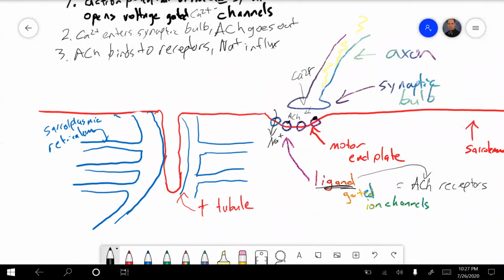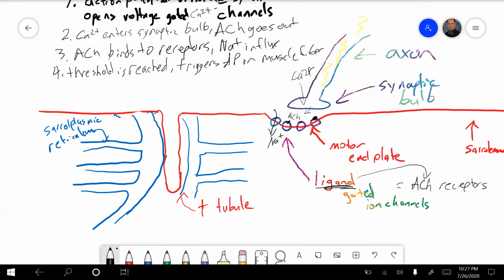When there's enough sodium in the cell that it hits that negative 55, when we reach the threshold potential, so threshold is reached, that triggers an action potential on the muscle fiber.